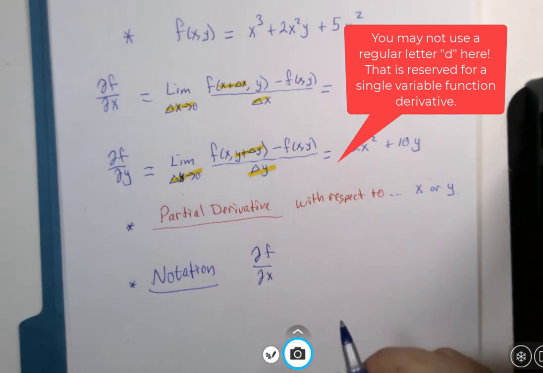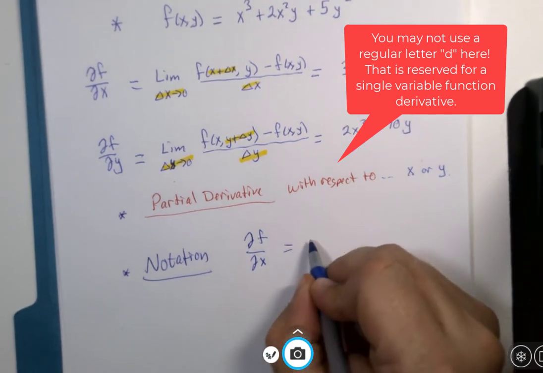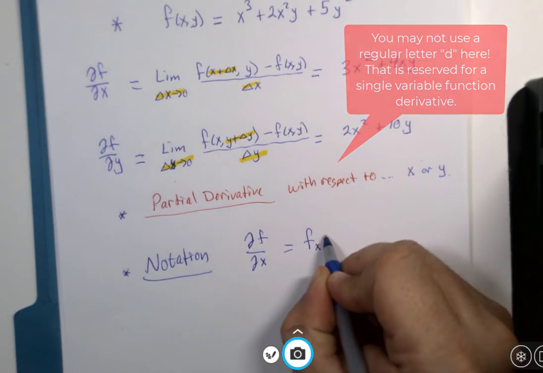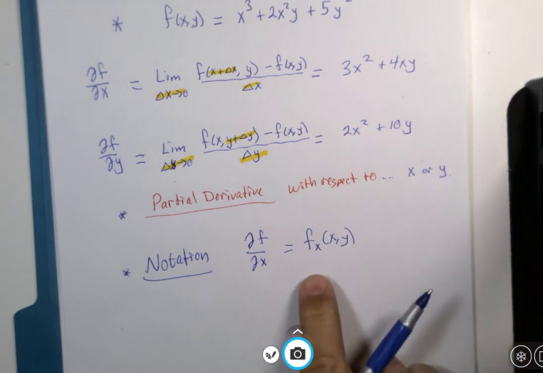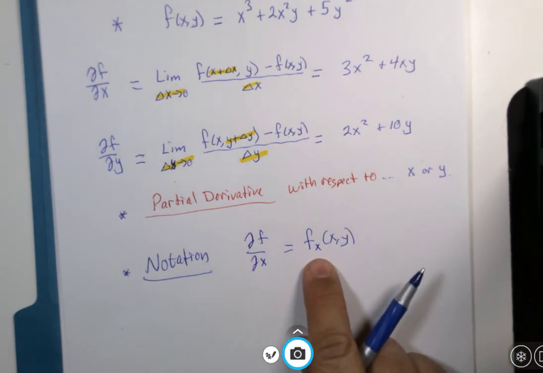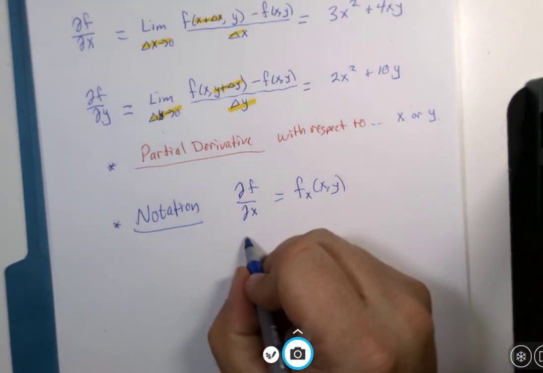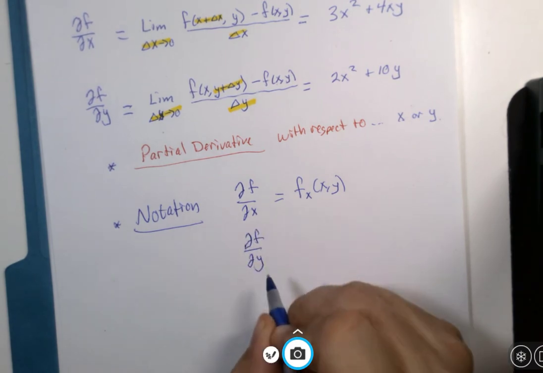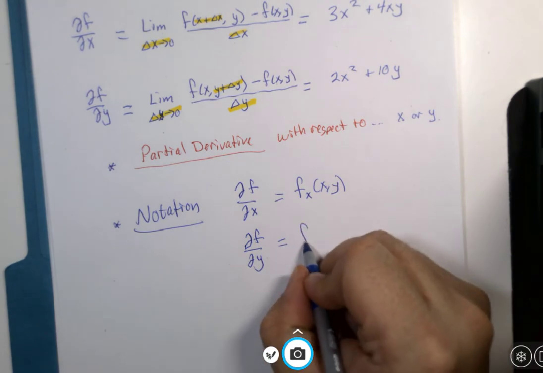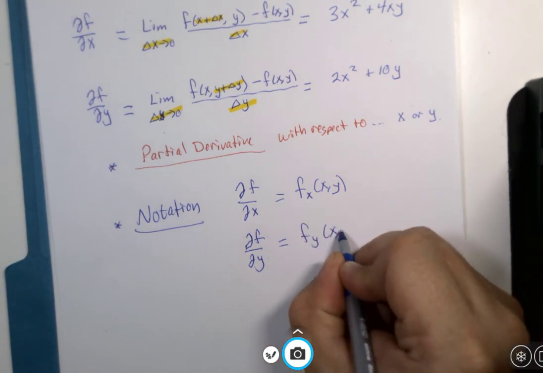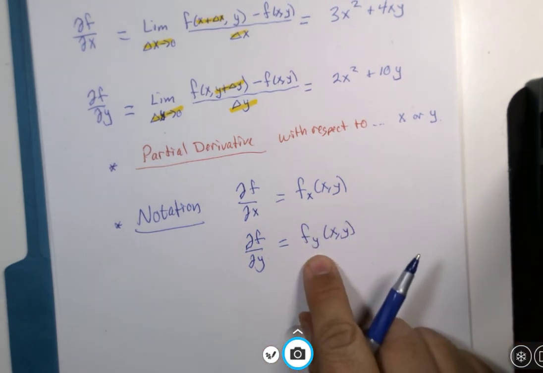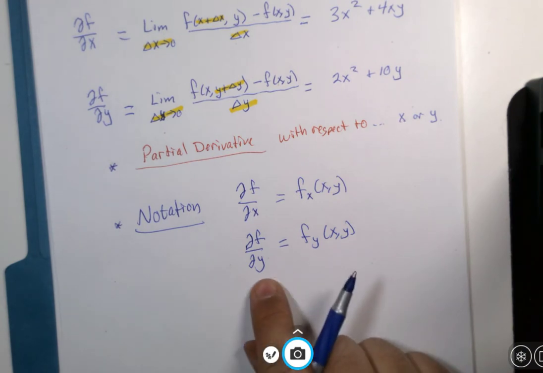The partial with respect to x can be named with a subscript x, and the partial with respect to y may be named with a subscript y.